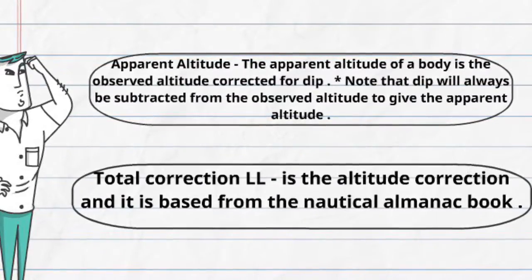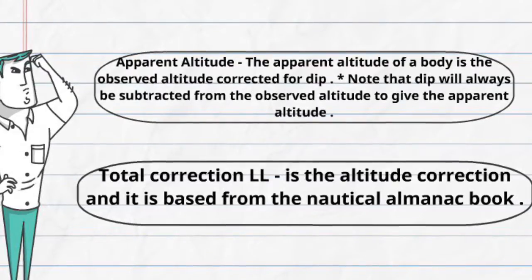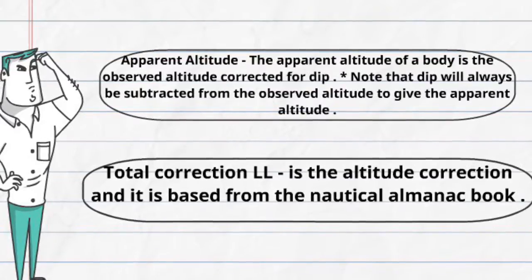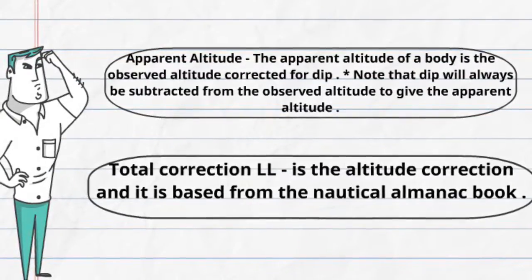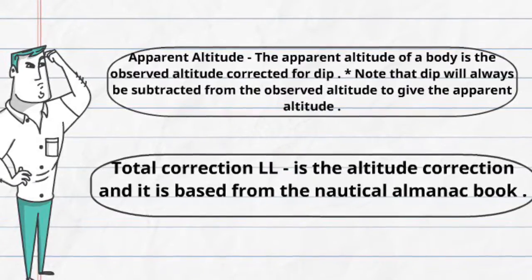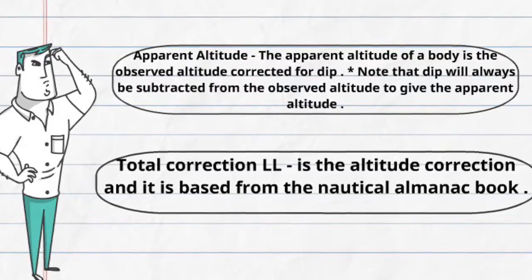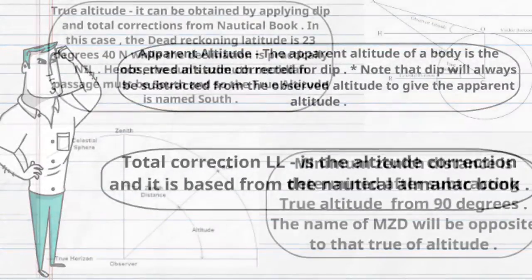The minimum zenith distance, the MZD, is named opposite to that of the true altitude. This naming system is a quick and sure method for you to decide whether the minimum zenith distance and declination are to be added or subtracted to obtain the latitude without the necessity of drawing a figure.